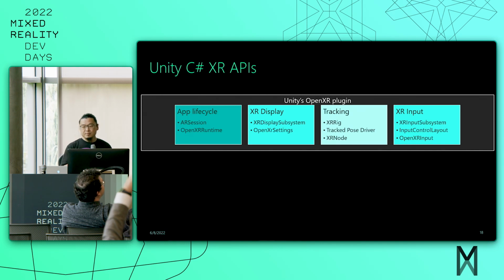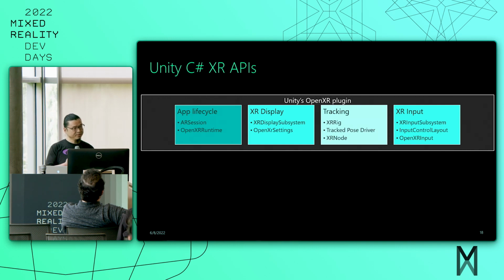Now I'd like to do a deeper dive into the feature areas of these OpenXR plugins and look at their different responsibilities. On the top is Unity's OpenXR plugin. As we said, it focuses on integrating the core OpenXR features such as app lifecycle, eventing, frame loop, stereo rendering, and XR input for controllers or hand tracking.